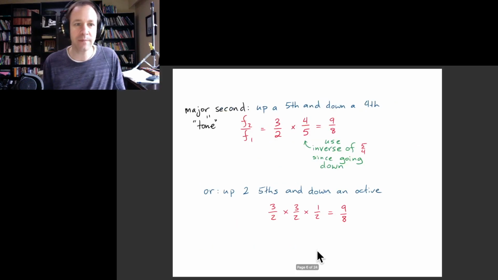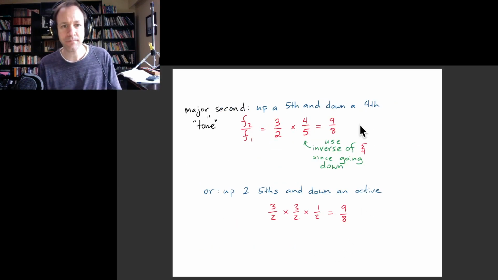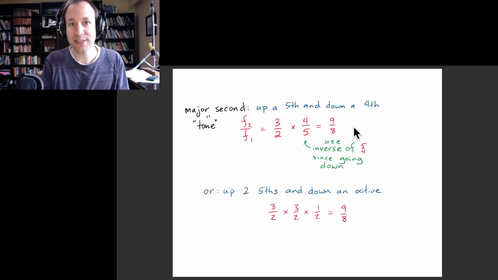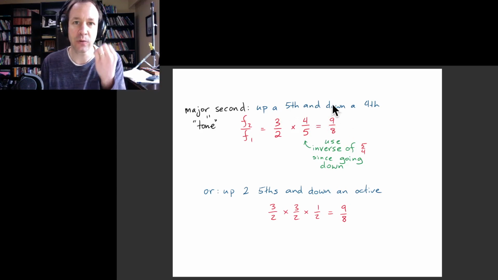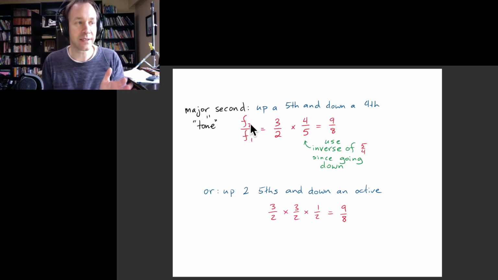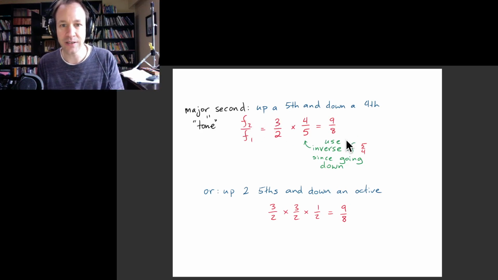So this example is actually an important one because it's what defines what we refer to as a major second, or more commonly just a tone in music. You can equivalently say that you go up a fifth and down a fourth, and we worked out that that was a 9/8 ratio.